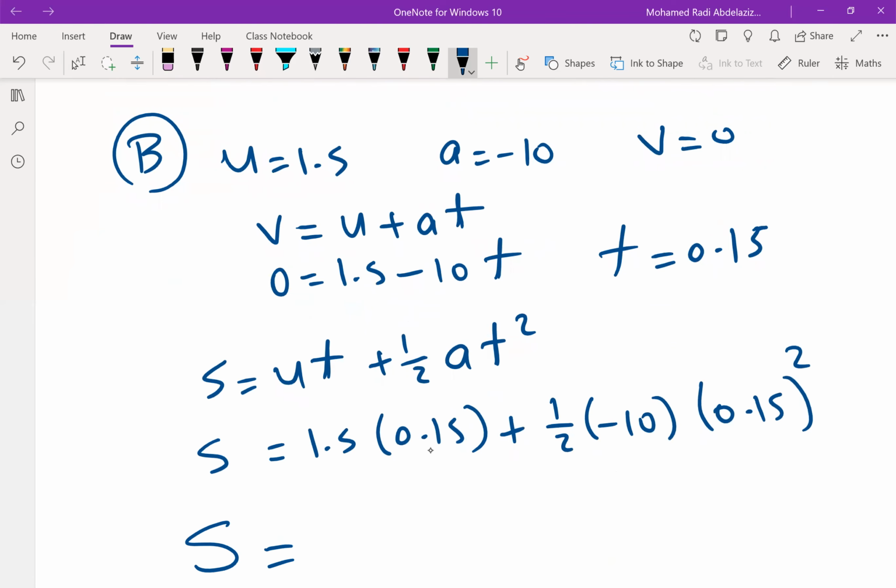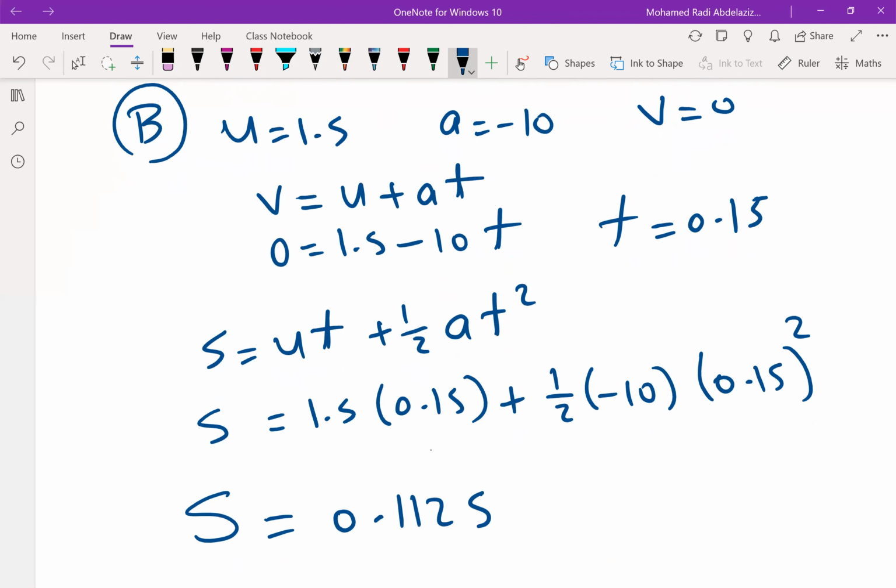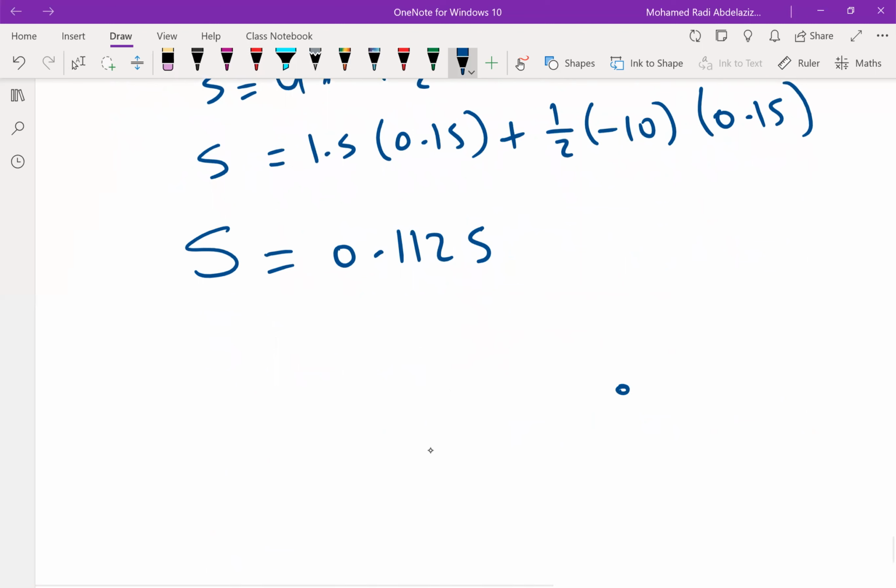So s is equal to 1.5 multiplied by 0.15 plus half times negative 10 times 0.15 squared. You will get the answer 0.1125.